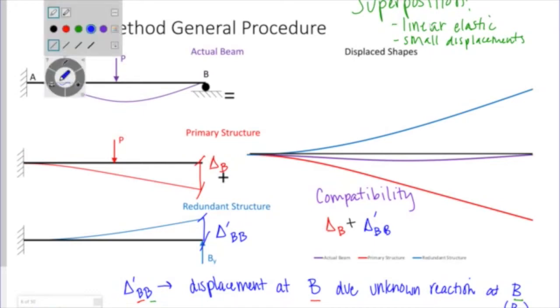In this case, I want them to be equal to 0 because I actually have a support there and it is not allowed to have any displacement in the y direction.